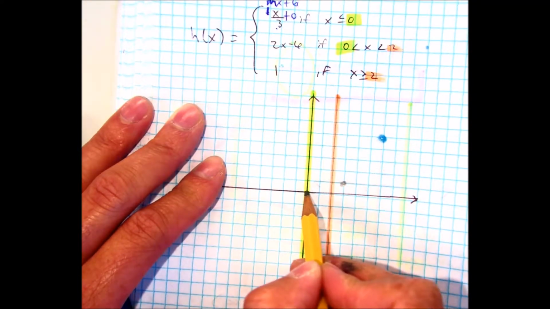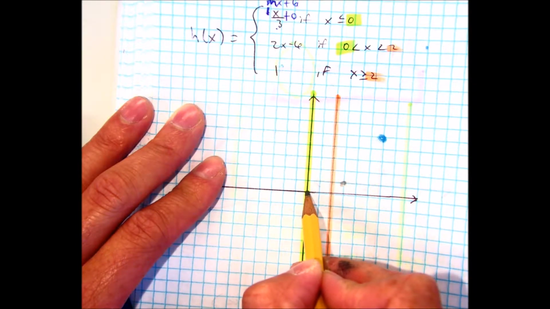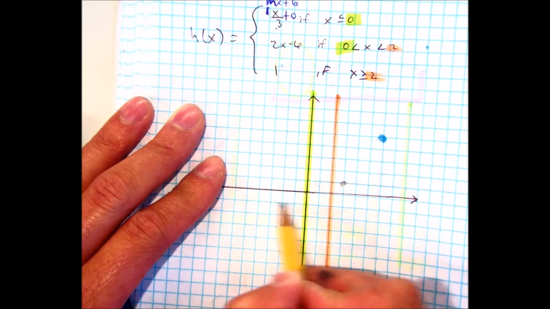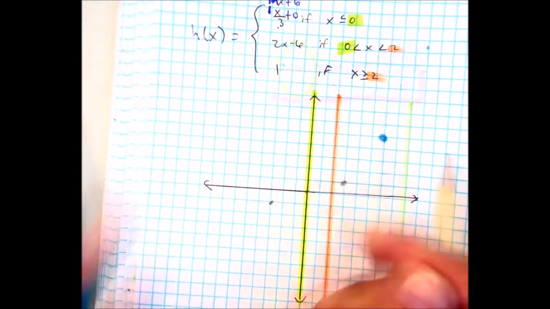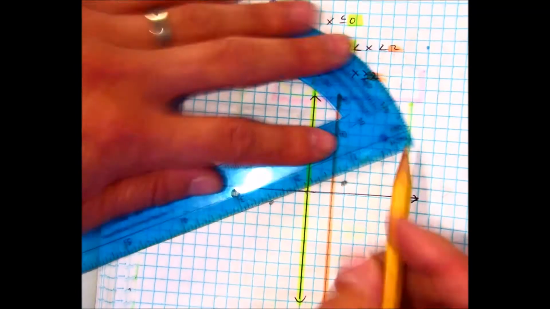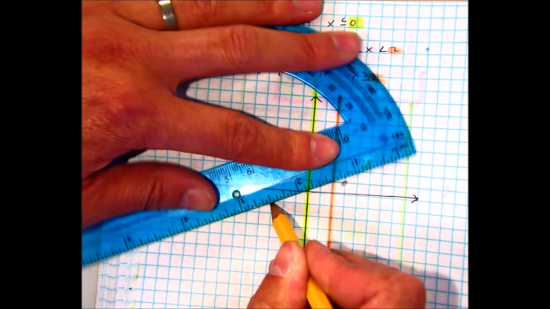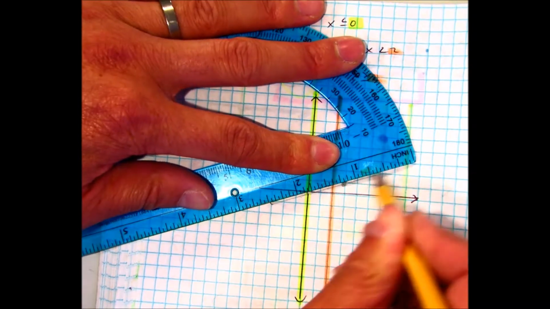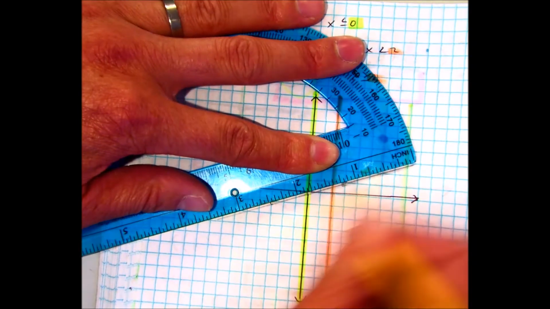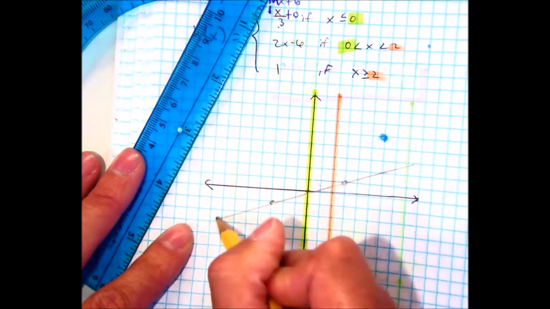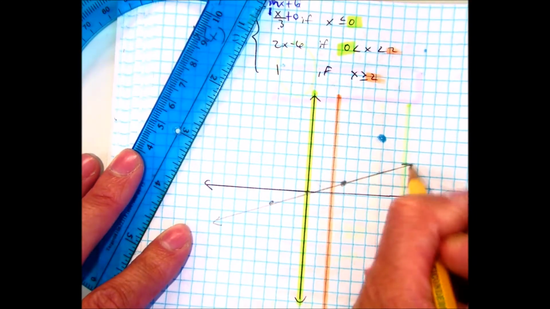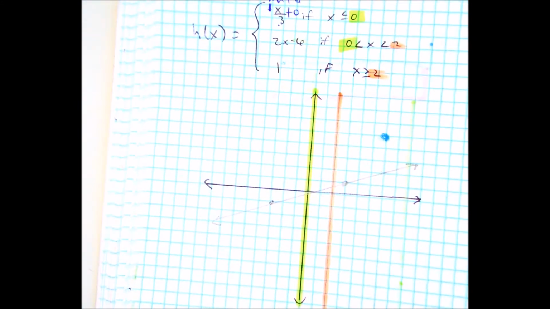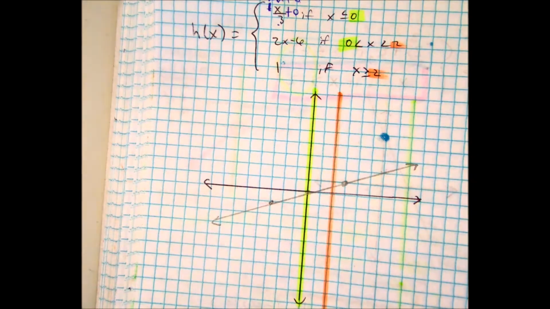So that would be a rise of -1, so down 1, left 3. Use your straight edge to draw a line. If you don't have graph paper, it is very important that you use your straight edge to help you be accurate if you're drawing accurate tick marks.